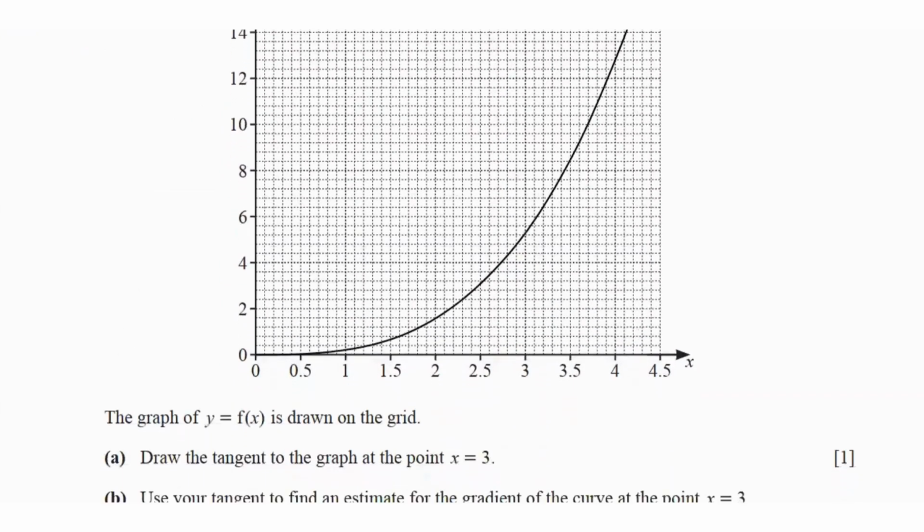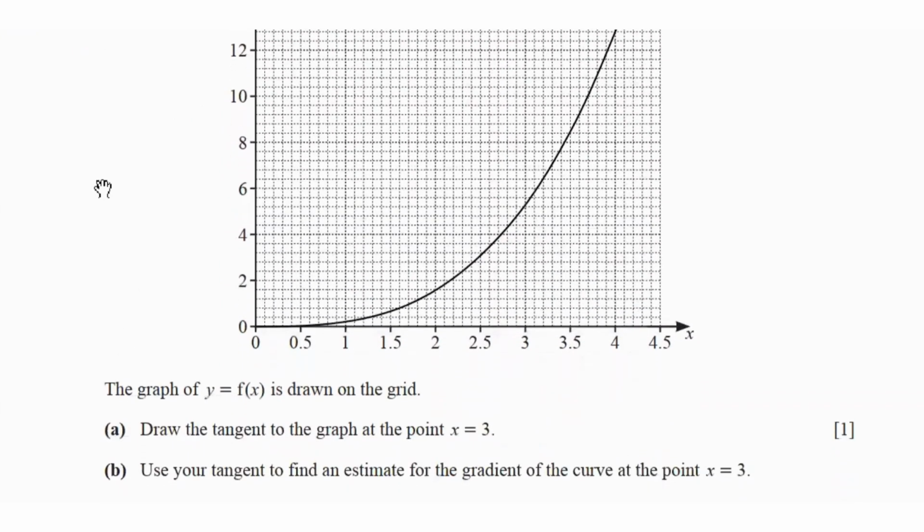Question 18, the graph of y equals f of x is drawn on the grid. Draw the tangent to the graph at the point x equals 3, and then use your tangent to find an estimate for the gradient of the graph at the point x equals 3. So we're going to draw a tangent over here at x equals 3.